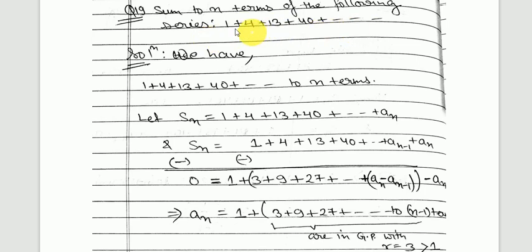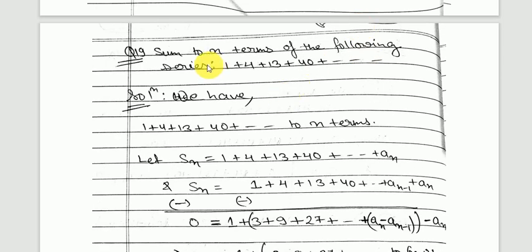But we have to find the sum of this. So first we have to find by what rule the nth term is written for this series. We have to find the rule by which each term of this series is written. So how can we do that?